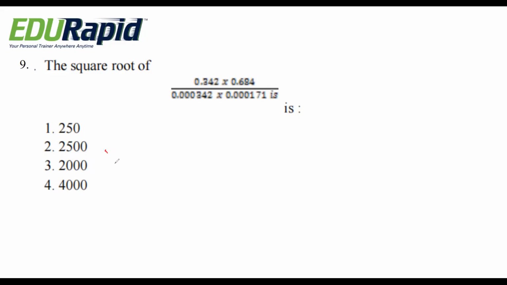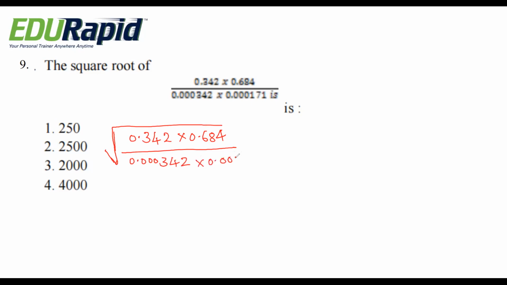Here also you can eliminate the zeros. That means take 342 into 684 over 342 into 171.